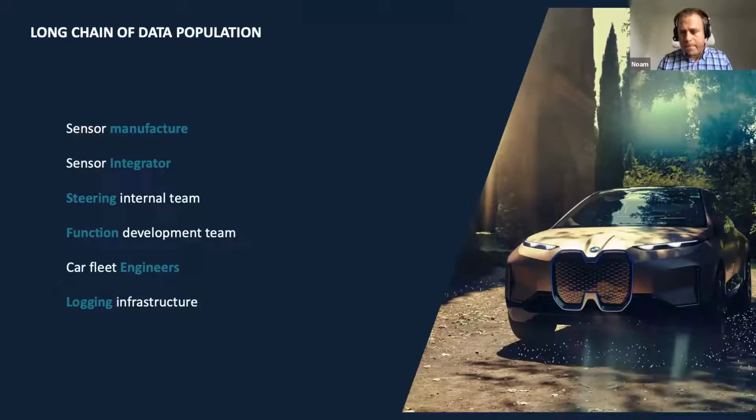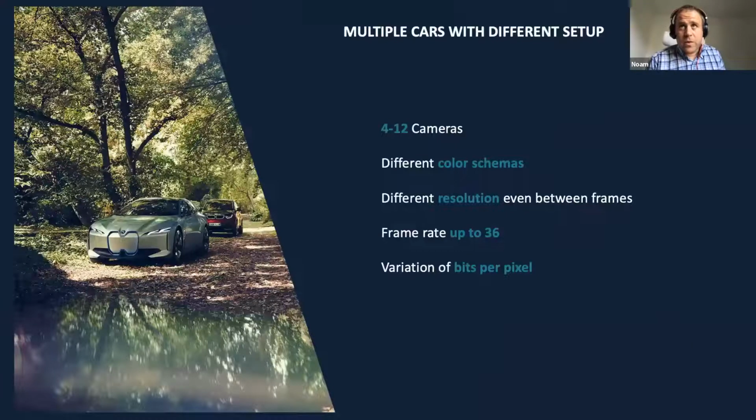In addition, you will have multiple cars, and each one of them has a different setup. So when the data comes in, you cannot really be sure how the car looked when it was running. The same car might be once with 4 cameras, then 12 cameras.